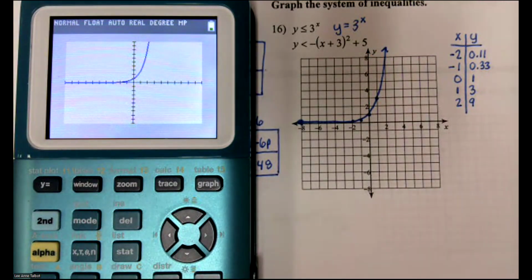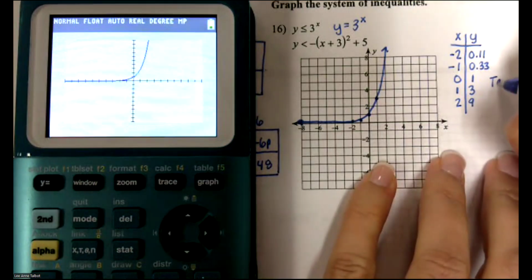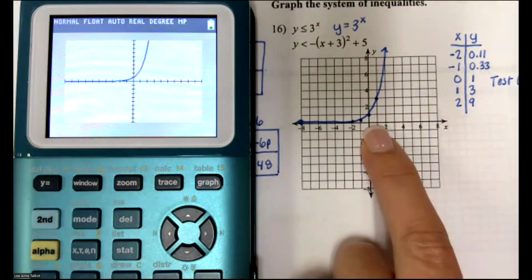Yeah. 0, 0 is okay to test, right? It is. You can clearly tell it's underneath.